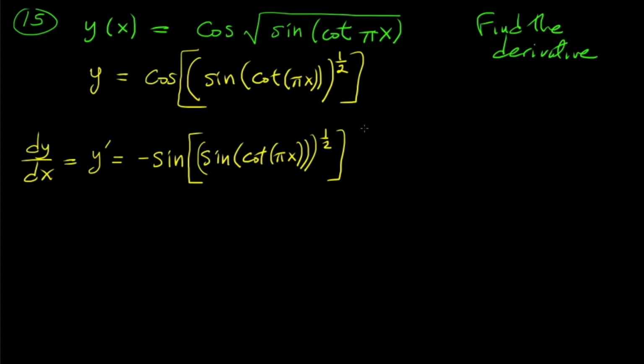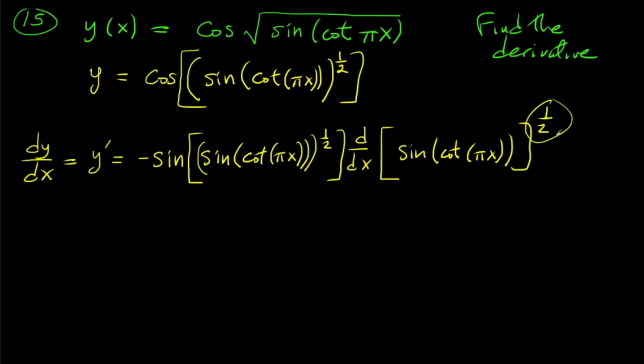Now we're not done because now we need to take the derivative of that whole thing. So I'm just going to copy this down. It's the derivative of sine of cotangent of pi x to the power 1/2. Okay, so that's a power rule, right? It's just a function to the power 1/2. So, and I hate copying this down all the time, but that's what we have to do here.